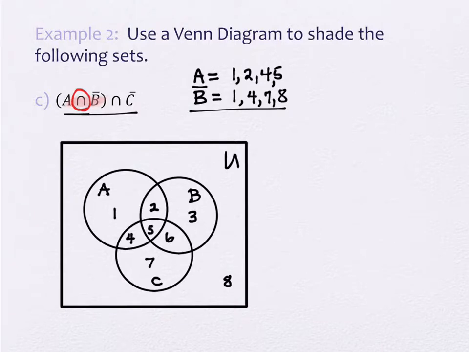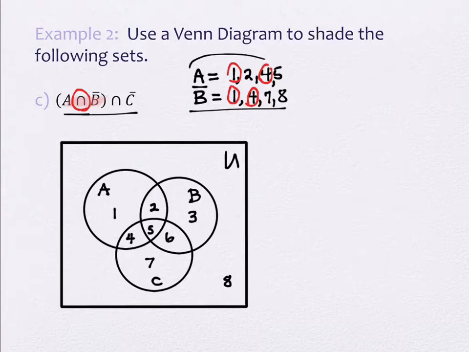It means and. Intersection, overlap. What do they have in common? So looking at these lists of numbers, 1, 2, 4, 5 and 1, 4, 7, 8, what do they have in common? 1 and 4.